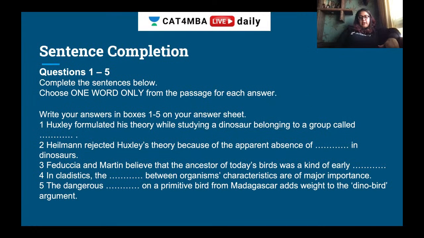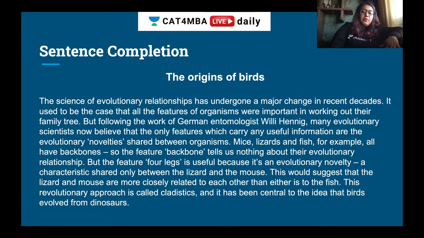This is how it looks like. This is the easiest kind of type, where there are sentences you have to fill in the blanks. Sentence completion is essentially fill in the blanks. You need to just fill in the blanks from the passage. You just read the passage carefully and you need to fill in the blanks. Let's do it.